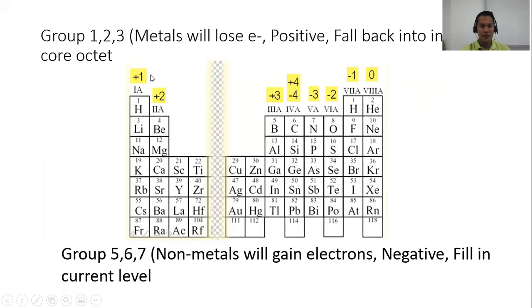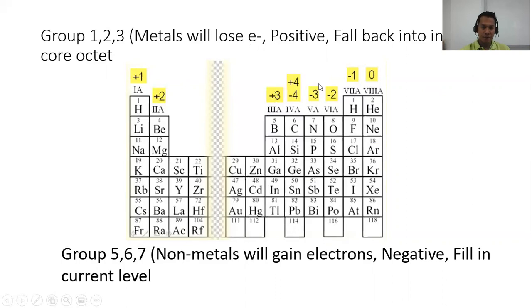Once again, groups 1, 2, 3 are all metals and they will lose electrons depending on where they are. If they are in group 1, they will lose 1. Group 2, they will lose 2. Group 3, they will lose 3. Group 4 is an exemption.